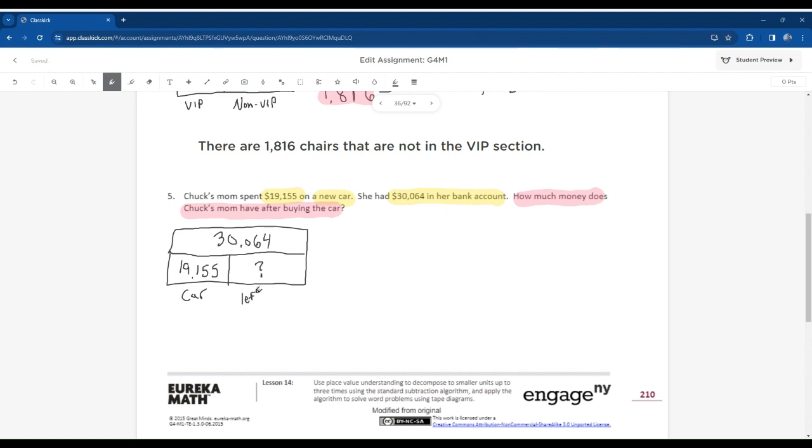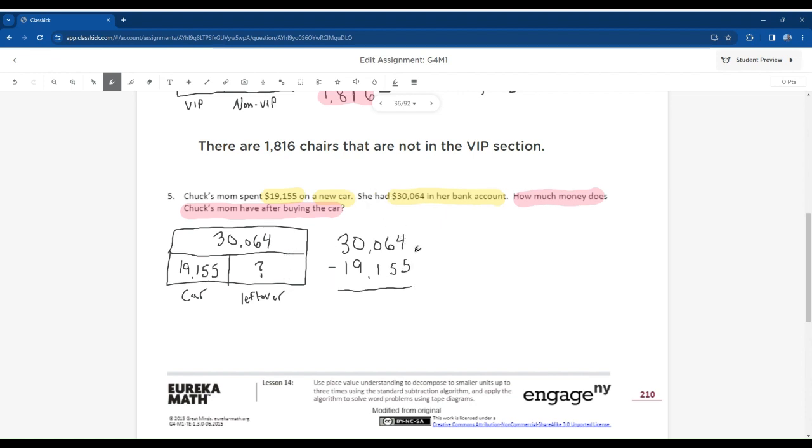So the leftover amount. We're going to take the amount of money she has and subtract off the price of the brand new car. And that will leave us with how much money she has left over.